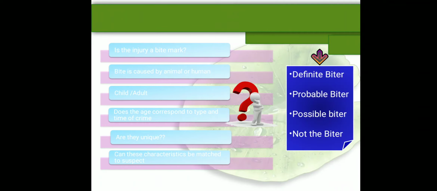In bite marks, the things to be noted down are: is the injury a bite mark? Is the bite caused by an animal or human, child or adult? Does the age correspond to the type of crown? Are they unique? Can these characteristics be matched to the suspect? So what are the findings? Findings can be interpreted as definite biter, probable biter, possible biter, and not the biter.